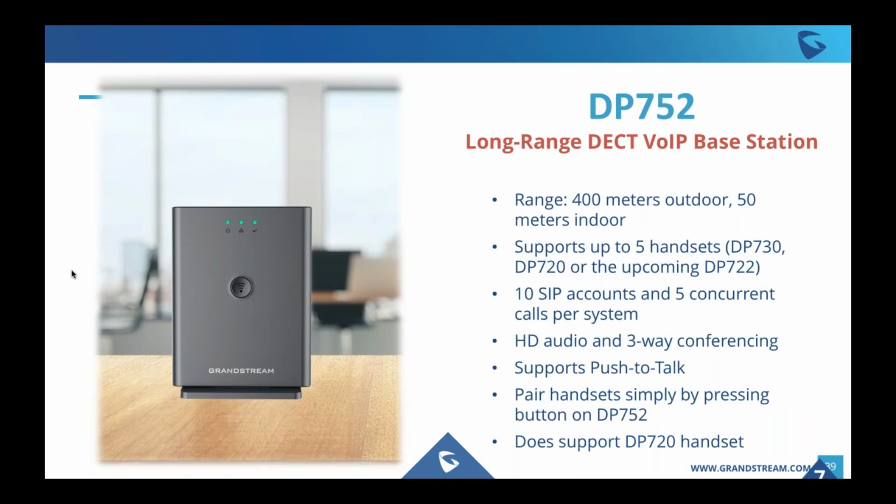I'll go into a lot more details on these devices probably in our next webinar. The 752 that you see here will support up to 400 meters, which is an additional 100 meters from our previous DECT solutions, 50 meters outdoors, 50 meters indoors. Just to point it out, and we're still shaking out the exact specs with this, but all of these new DECT solutions, the two new handsets and the base station, will be compatible with our current DECT phones.